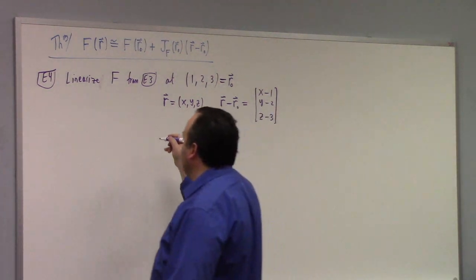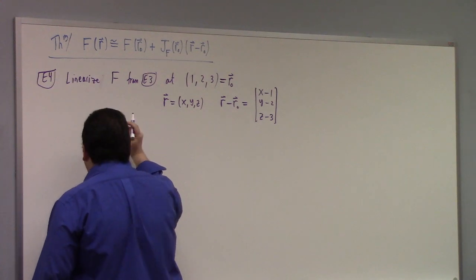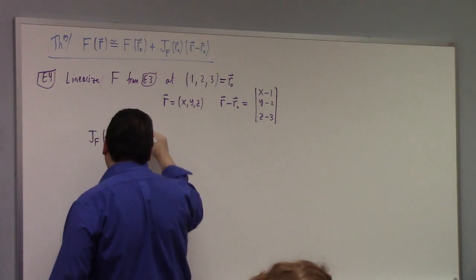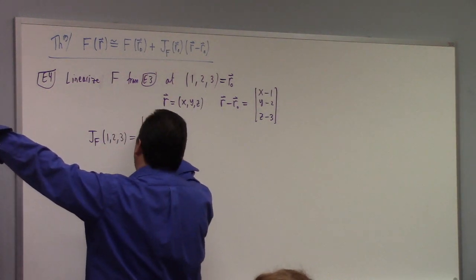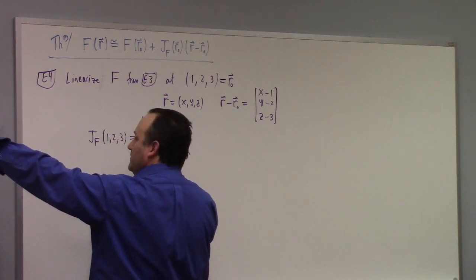All right, let's see, what else can I unwrap here? So what's the Jacobian of f at 1, 2, 3? We've got to plug 1, 2, 3 into that, right? So I got 2, 0, 2.